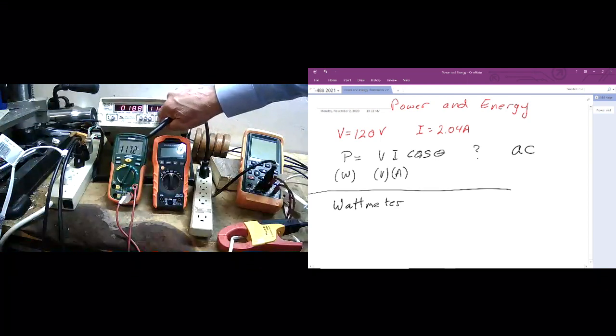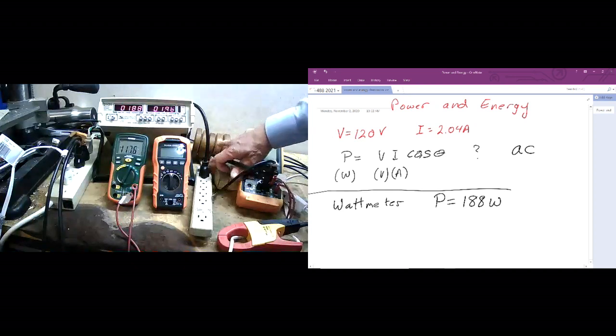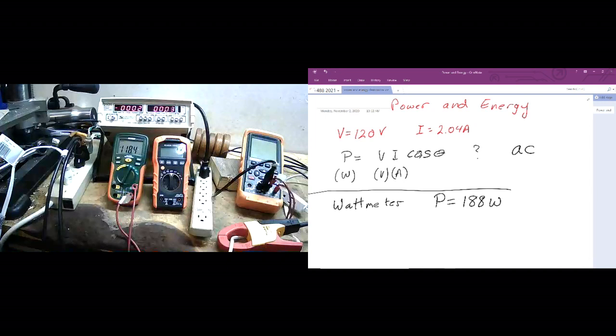But regardless, we'll use the power that it's showing now, 188. So 187, 188. Real power, P, is 188 watts. That's what I'm going to call it. I'm going to shut everything down, and we will go do some calculations.